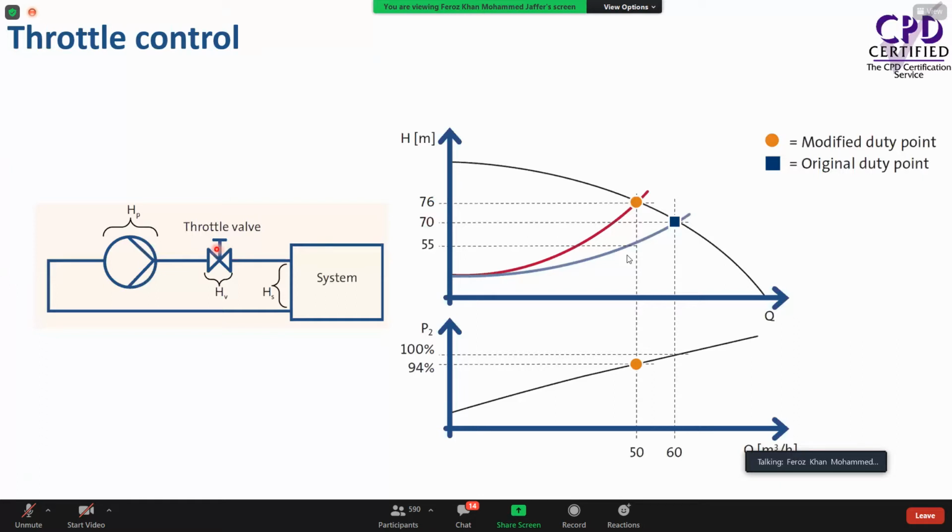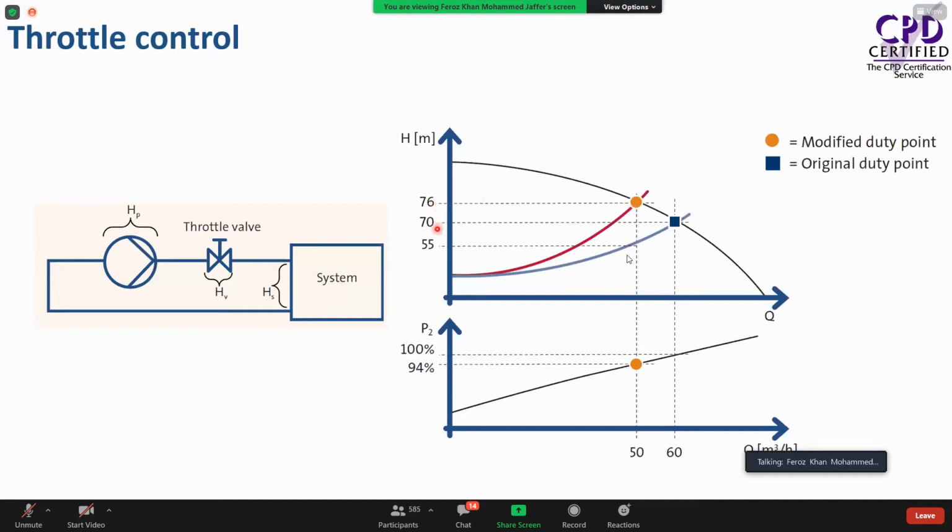So when we throttle, what we are doing is we are increasing the system resistance. When we increase the system resistance, the head will increase. So the duty point will move from this point to a newer point, and this will be our modified duty point. At this point, our flow rate will be 50 meter cube per hour. On the other hand, we are increasing the head.